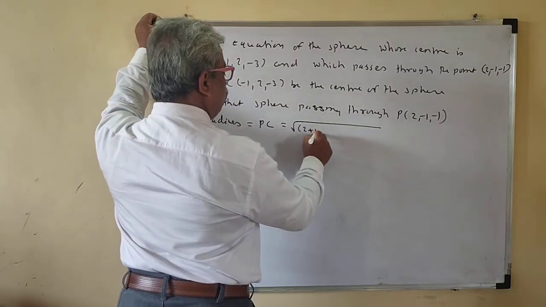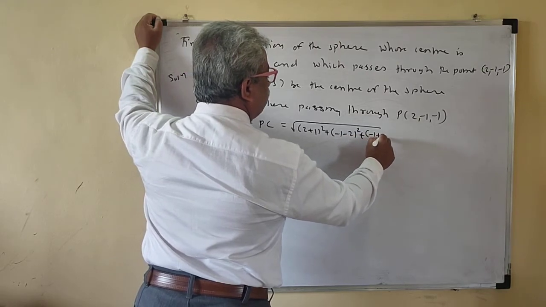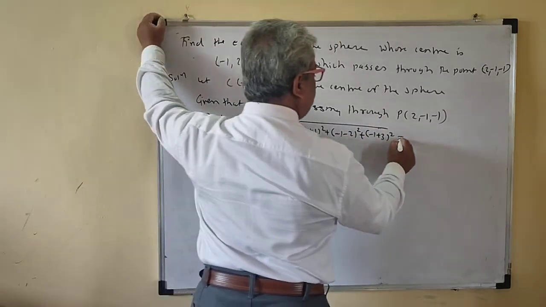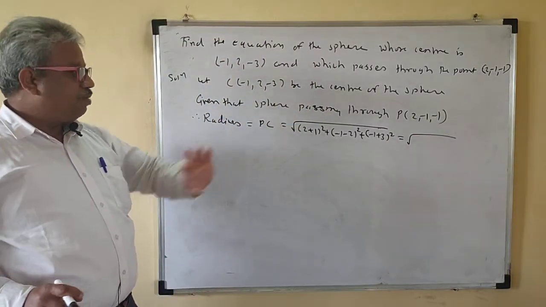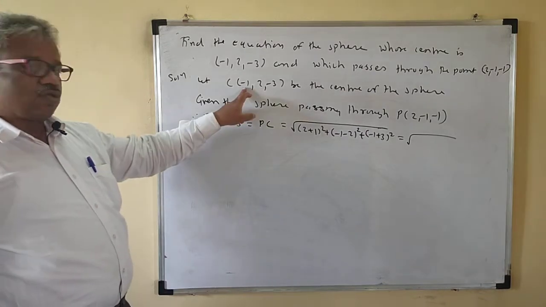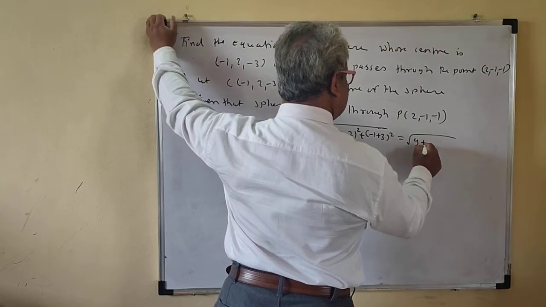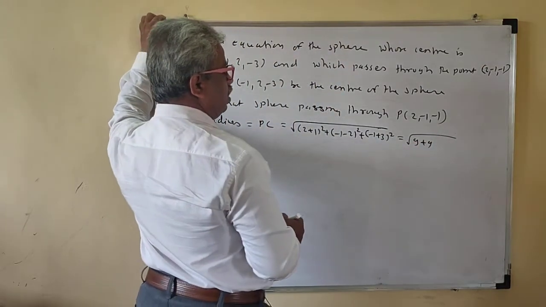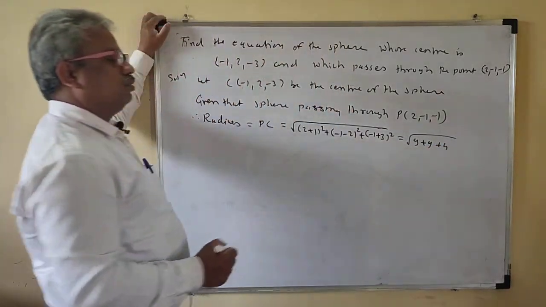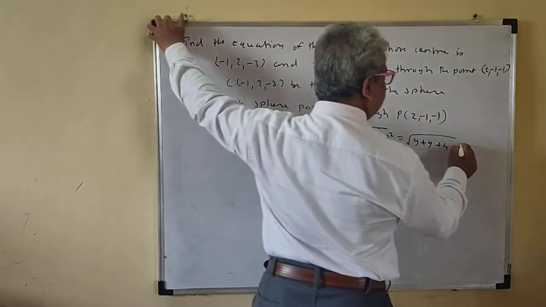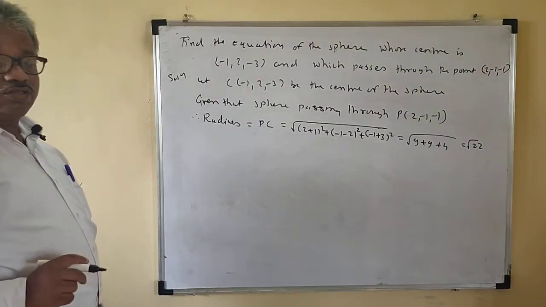So this is (2 + 1) square, (-1 - 2) square, (-1 + 3) square. So 2 minus of -1 is 2 plus 1, so this is 9 plus 9 plus 4, which is 22. So root 22 is the radius of the sphere.